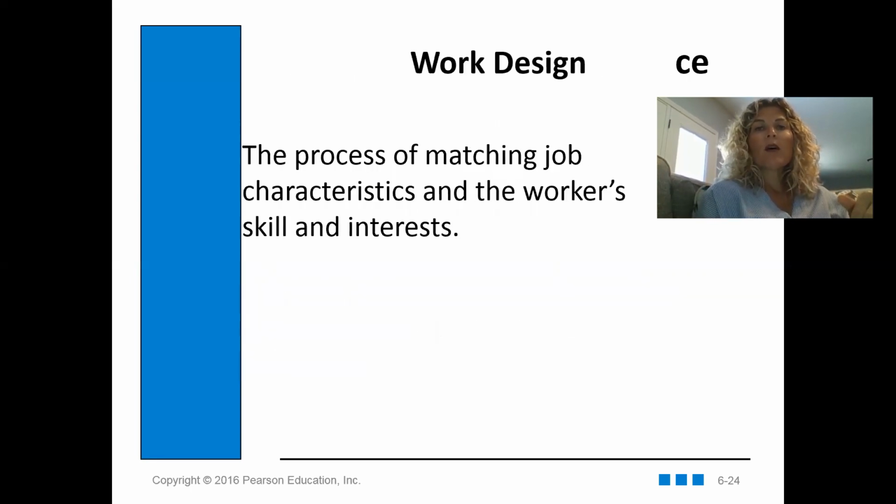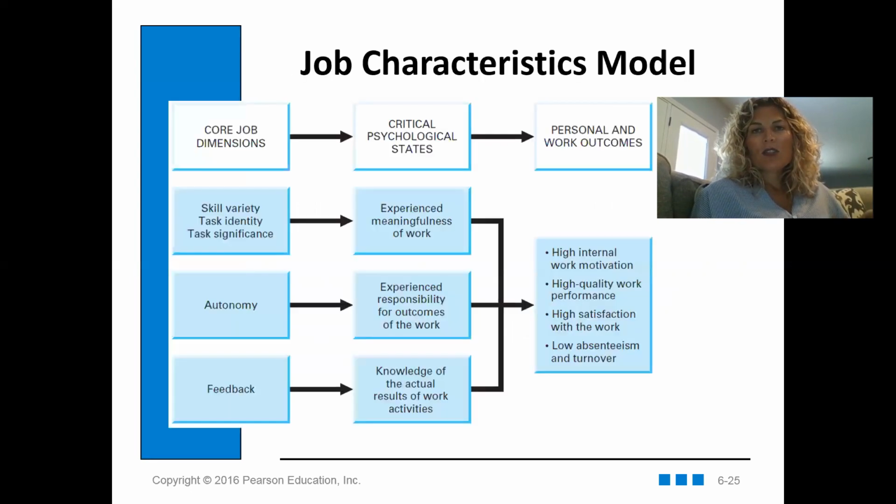And so if we think about this idea of work design, this idea of work design gets into this model, the job characteristics model. And the idea behind this model is saying, if I can change the core job dimensions, which is that first column on the left, if I can have an impact there, right, this is going to feed some of these intrinsic needs that we have.